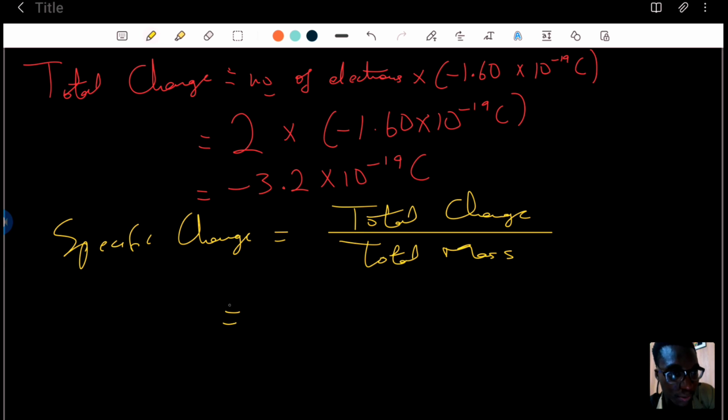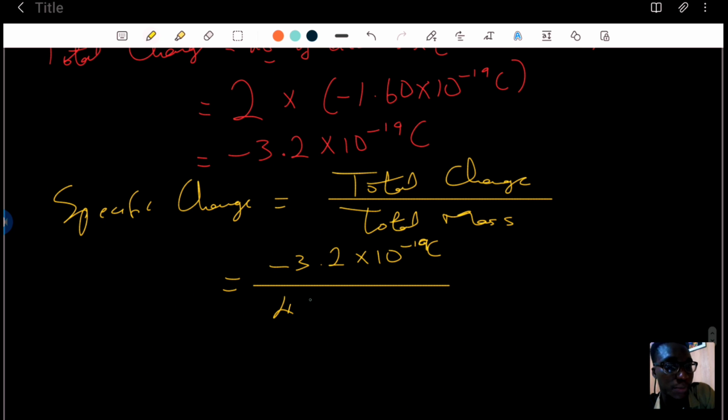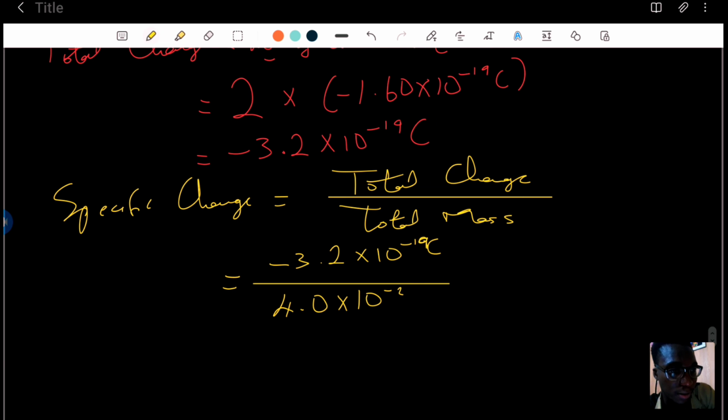The total charge is minus 3.2 times 10 raised to the power of minus 19 coulombs, and the total mass we got earlier, that's 4.0 times 10 raised to the power of minus 28 kilograms. And the final answer will be minus 8.0 times 10 raised to the power of 8 coulombs per kilogram.